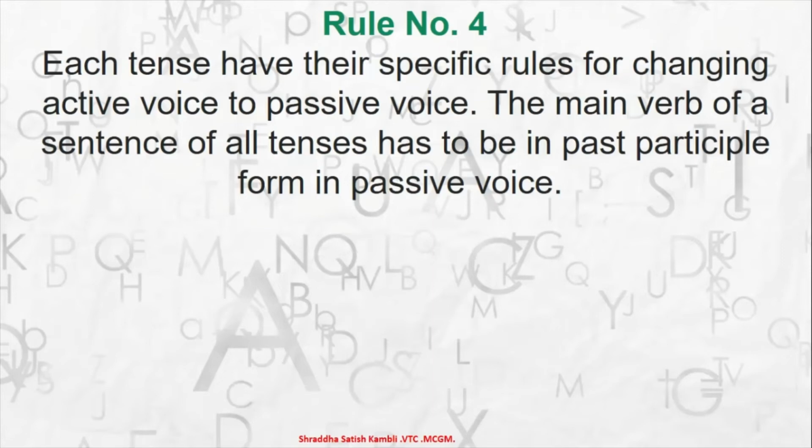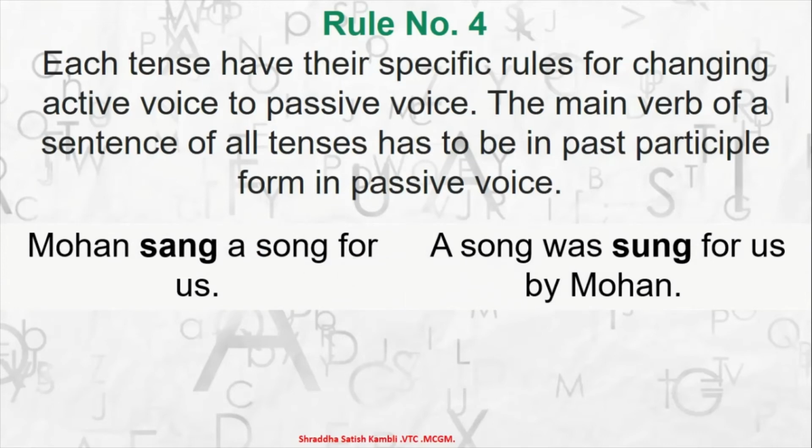Even though each tense has its own specific rule, remember that the main verb is always in the past participle form in the passive voice. So now, what is this past participle form? Let's see an example. Mohan sang a song for us. It becomes: A song was sung by Mohan for us. So see, past participle form, sung.